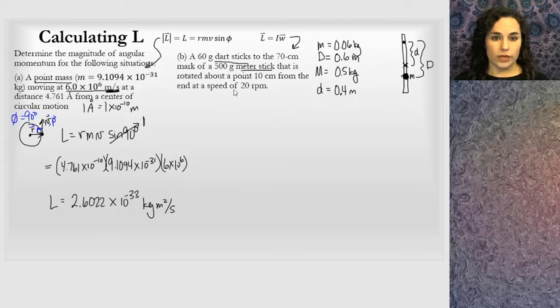Okay, so I've arranged the information. I also have the speed here. It says 20 RPMs. I can't have it in RPMs. I have to have it in radians per second. So I'm going to take a moment here and convert 20 revolutions per minute to radians per second. So I can say 1 revolution is 2 pi radians.